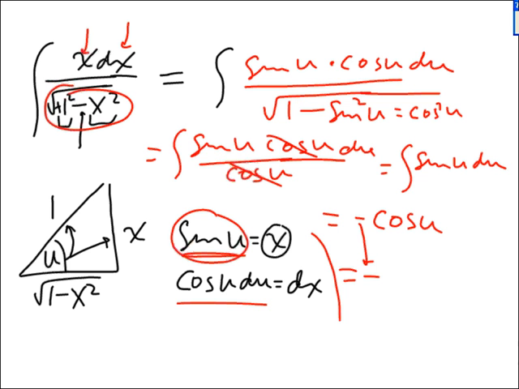I wrote down the minus sign. We have a nice triangle that will tell me the cosine of u. It's adjacent over hypotenuse. It's just the square root of 1 minus x squared. So the final answer is negative the square root of 1 minus x squared, and this is going from negative a half to 0.